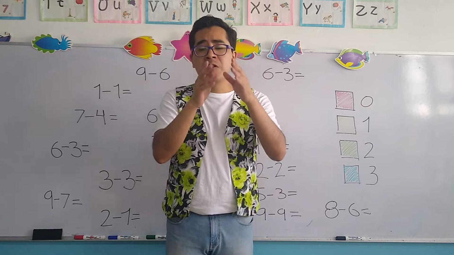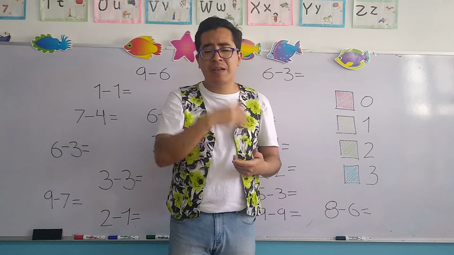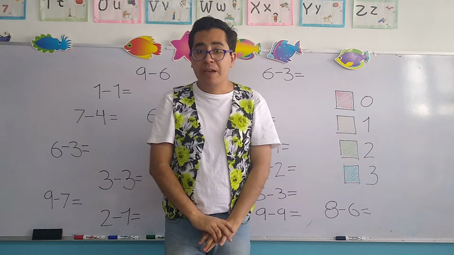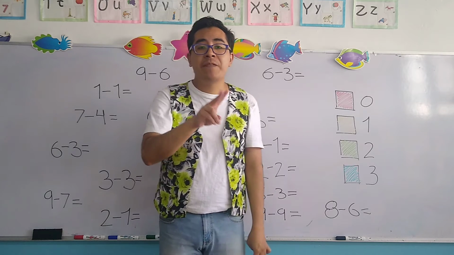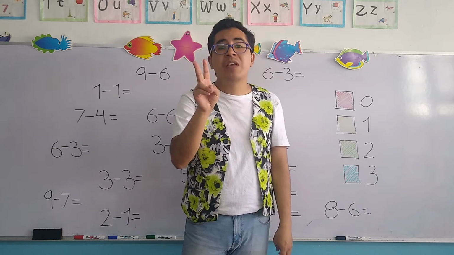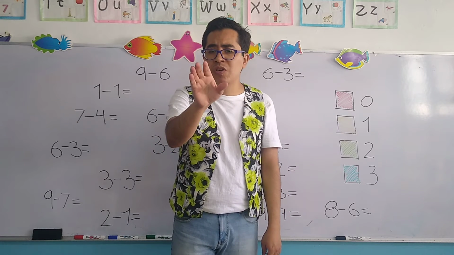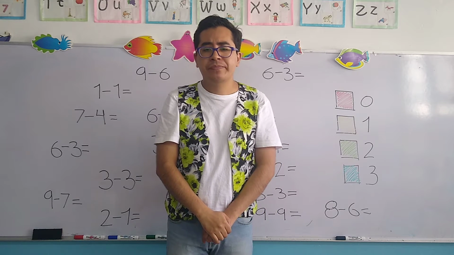Now remember, first of all, the word addition, what does it mean? ¿Ustedes recuerdan la palabra addition que quería decir? Sumas. Very good, okay? Now remember, we have two important symbols that are in the additions. What were those symbols? ¿Recuerdan esos símbolos que vimos en las sumas?